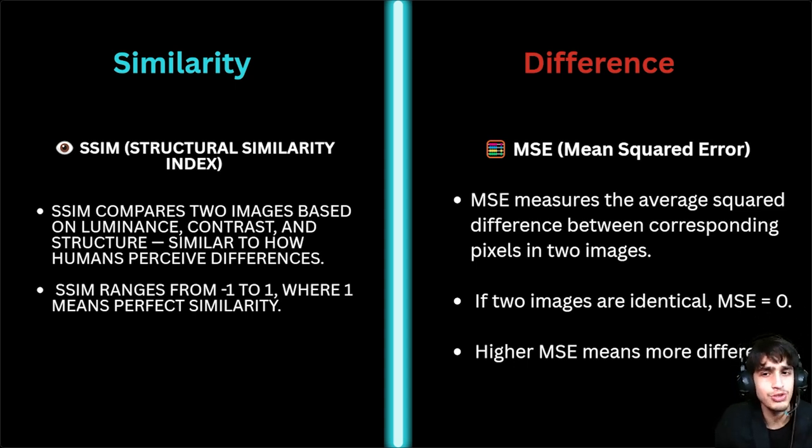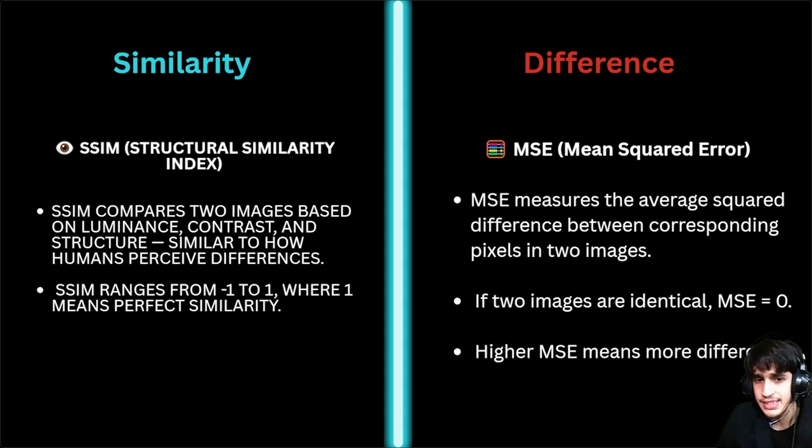The second parameter is difference. For difference, we will use MSE, mean square error. We have used this in our initial schooling. MSE gives the average squared difference between two things. So it tells how much two images are different, like the error between them. If we take the same image twice, MSE will be equal to 0 because there is no error or no difference in the image.